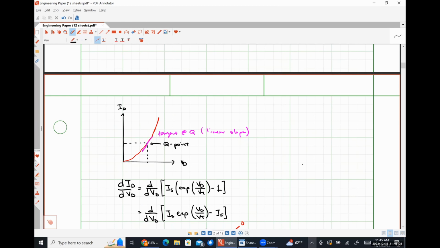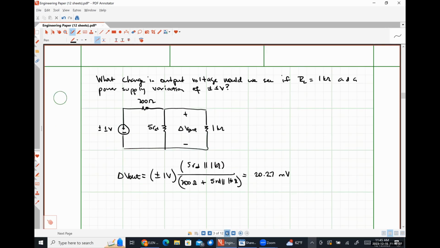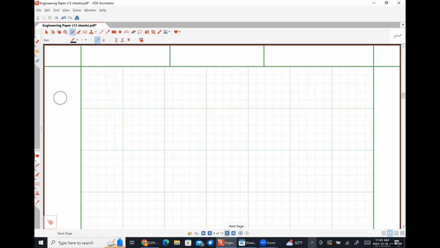Diode applications. One place in which diodes are very widely used is a rectifier circuit.